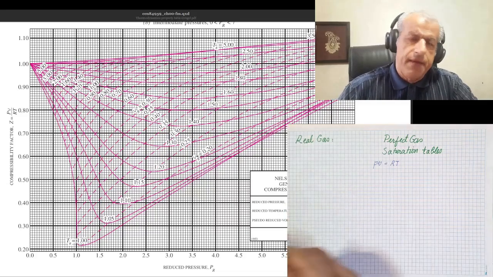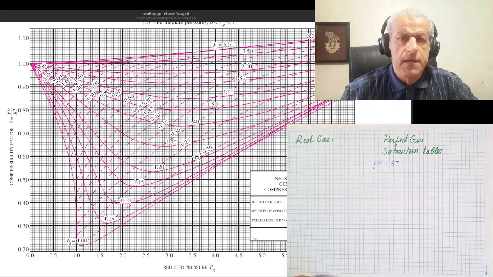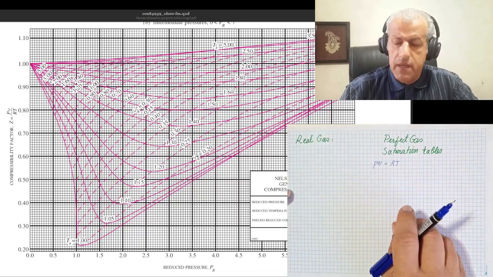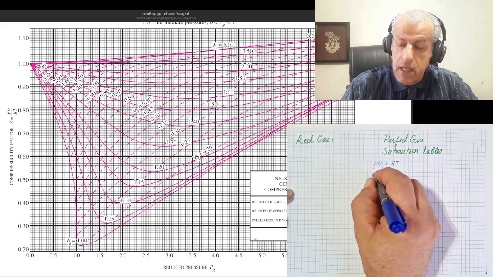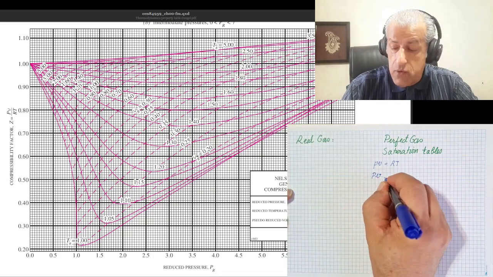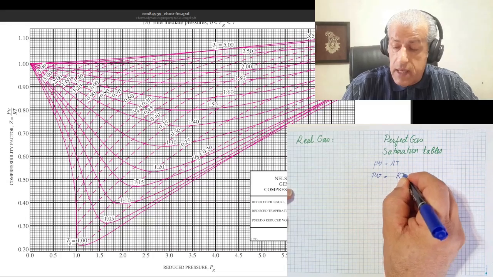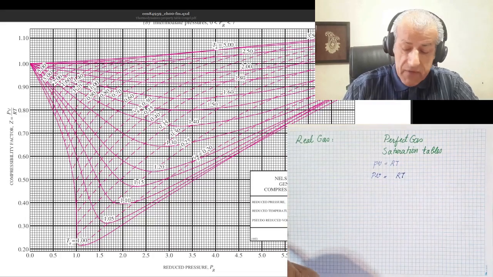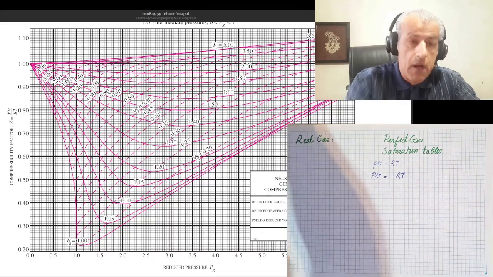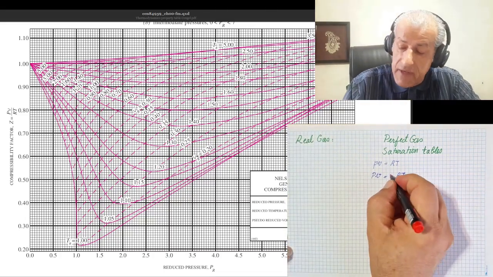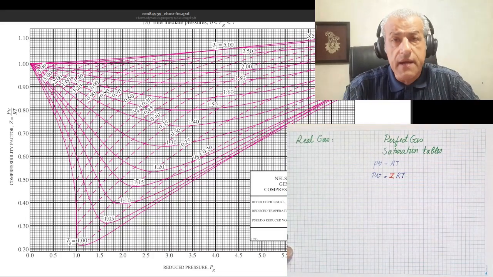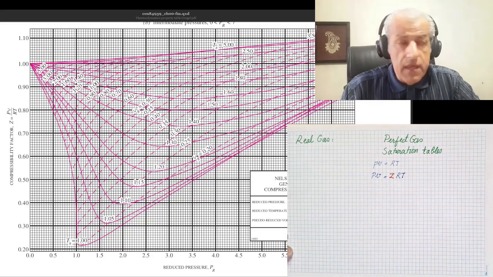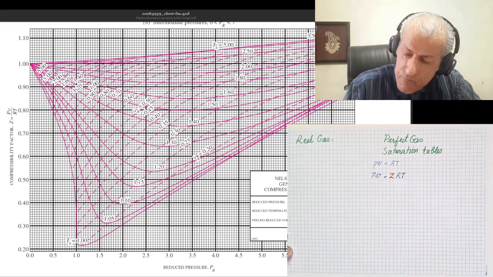Now, the alternative for us is to use this compressibility chart. If our material is not a perfect gas and doesn't follow this equation, then perhaps it would follow PV equals RT, but with a correction. The correction we're looking at here is PV equals ZRT. It means that there is a correction here, Z, which they call the compressibility factor.